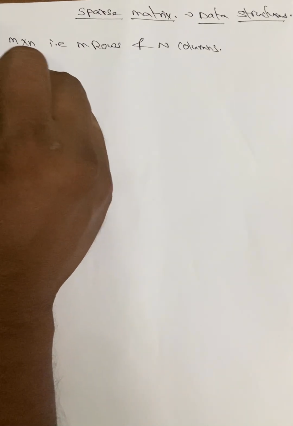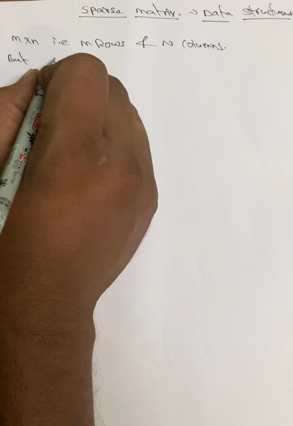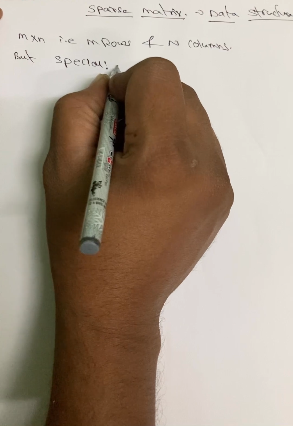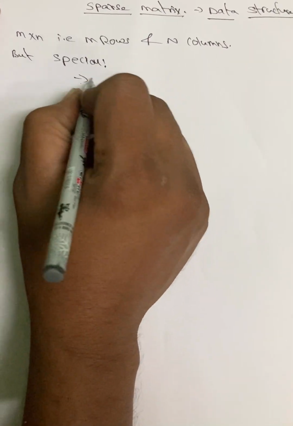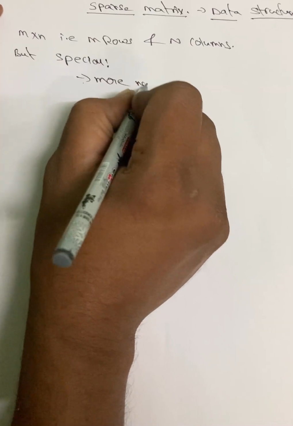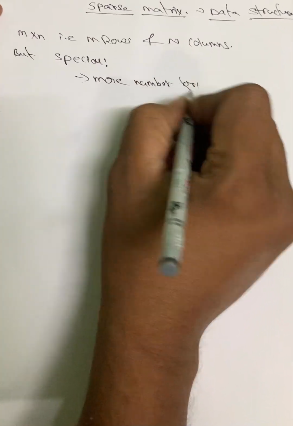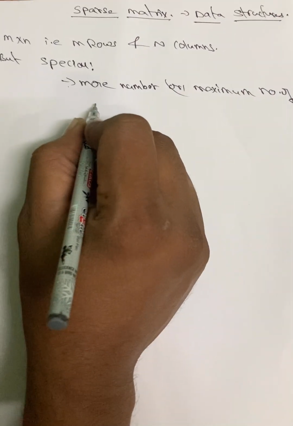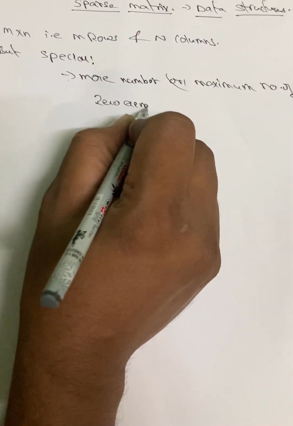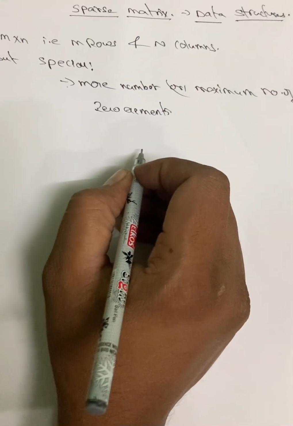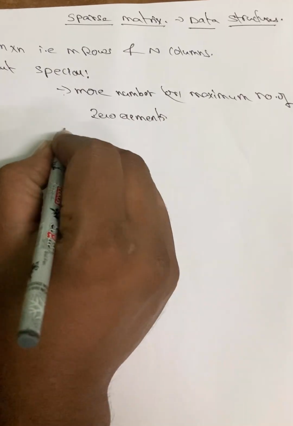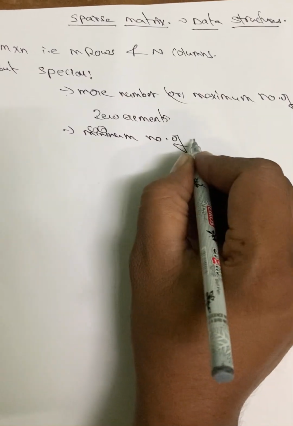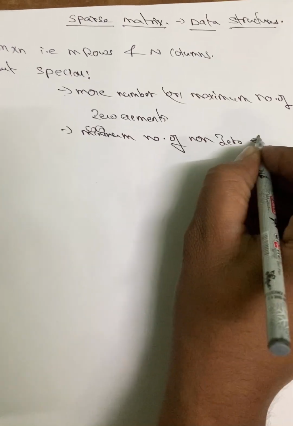But we call this matrix a special matrix because in this sparse matrix we have maximum number of zero elements and minimum number of non-zero elements.